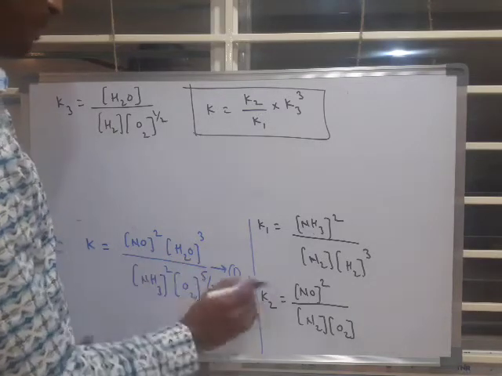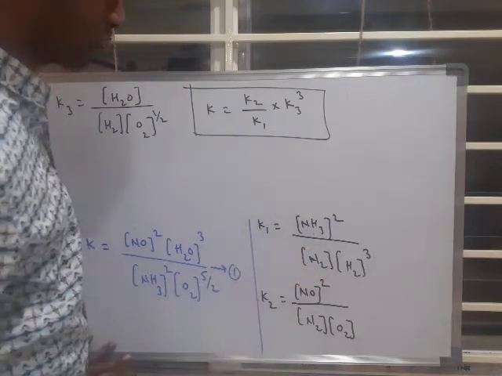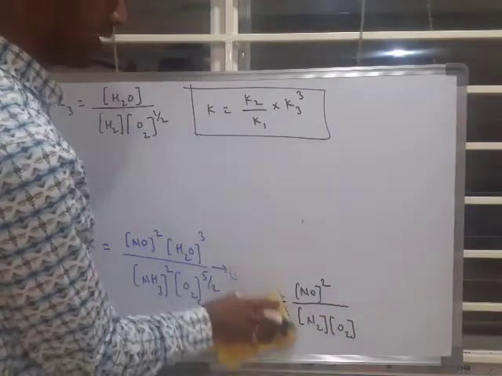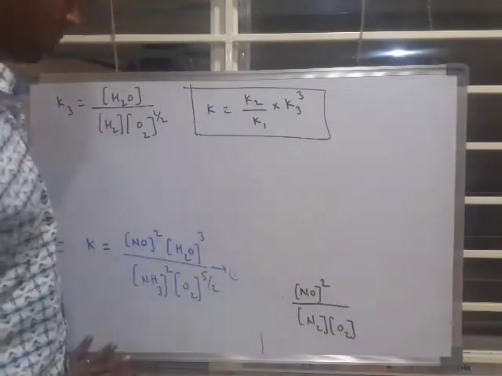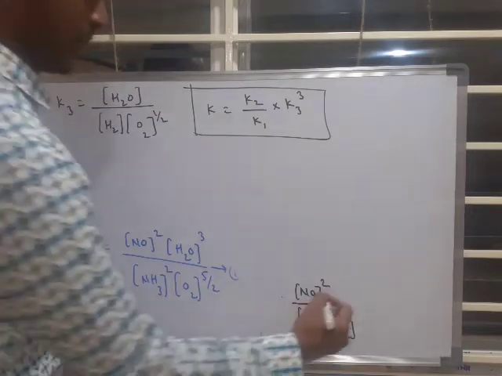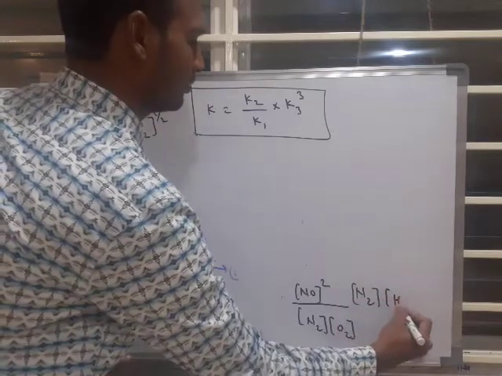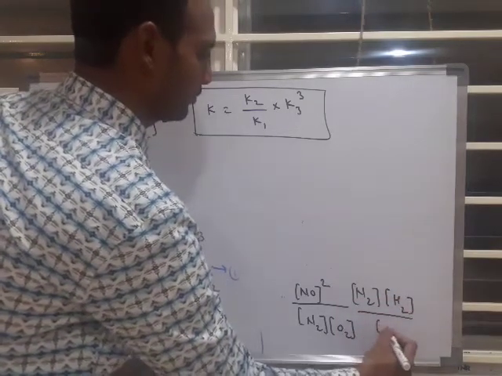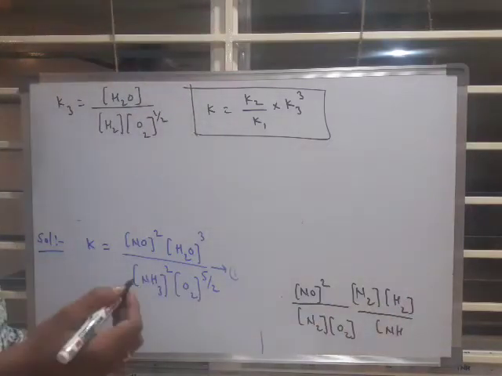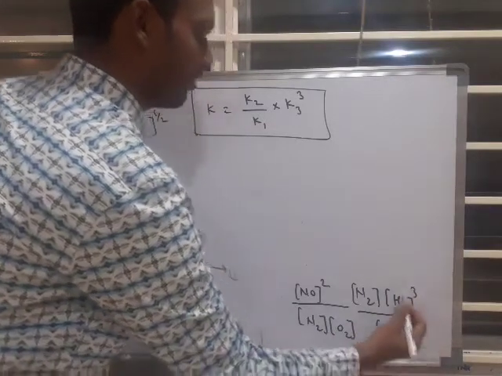So K1, K2 we write directly. No doubt, K1 we add in reverse. So what is the K1? Just checking the answer: N2 plus 3H2 gives 2NH3, reversed.